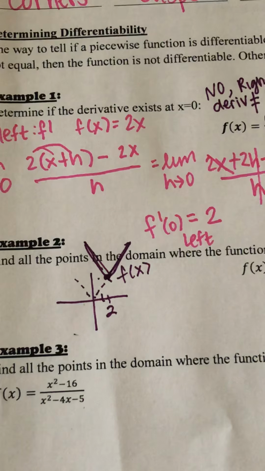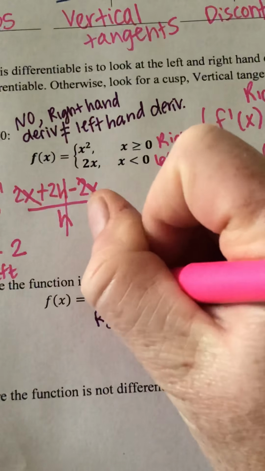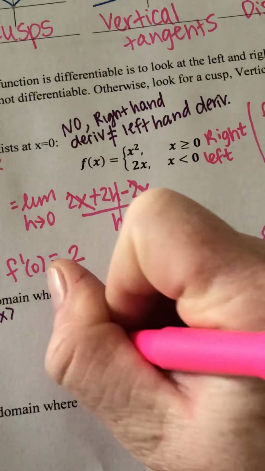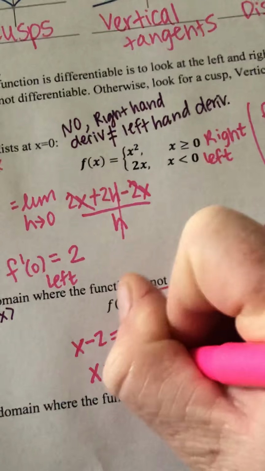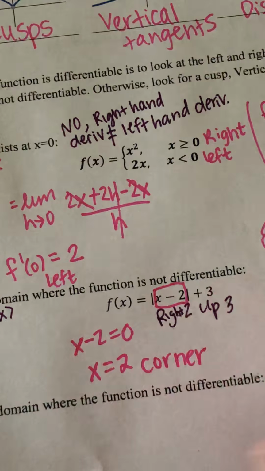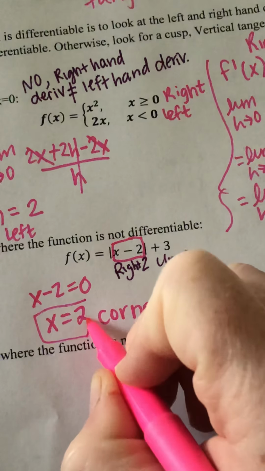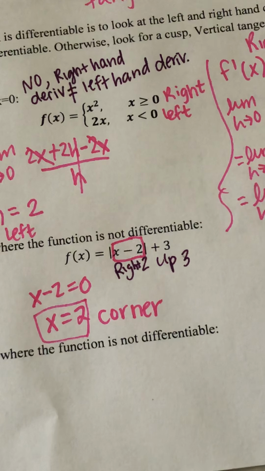Basically, what you have to do for absolute value functions is set the inside of the absolute value equal to 0, and that's where your corner is going to be. So that's the only point in the domain where the function is not differentiable. X equals 2.